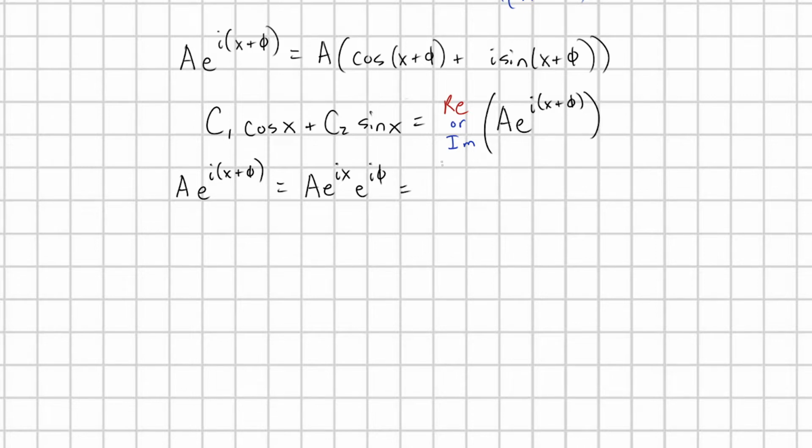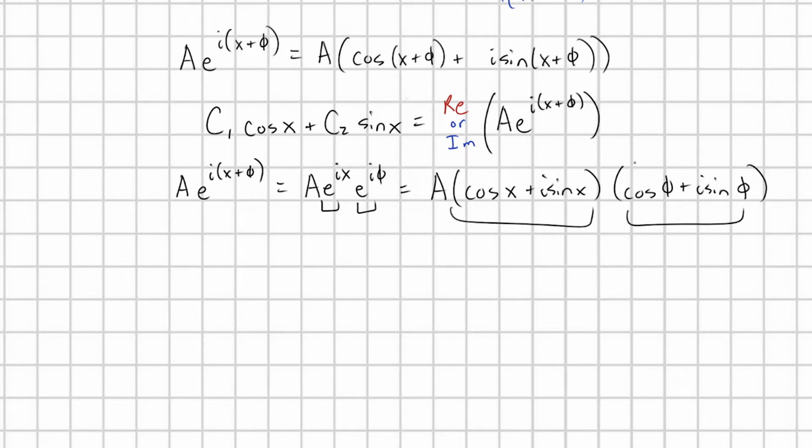Then this is just going to be A times cosine x plus i sine x, and of course, this is now times this guy, which is cosine phi plus i sine phi. I just used Euler's formula on both of these two guys, and they're multiplied together. Hopefully we feel absolutely fantastic about that. I'm just using Euler's formula.